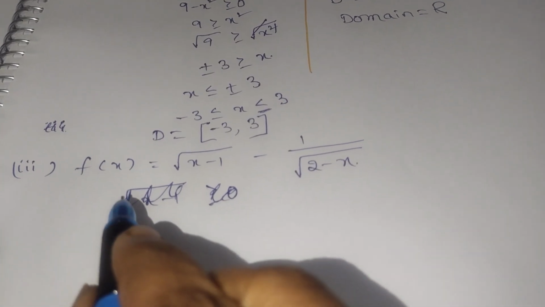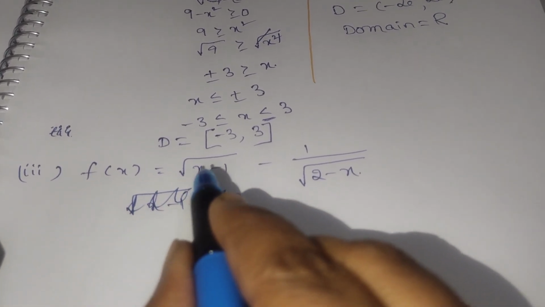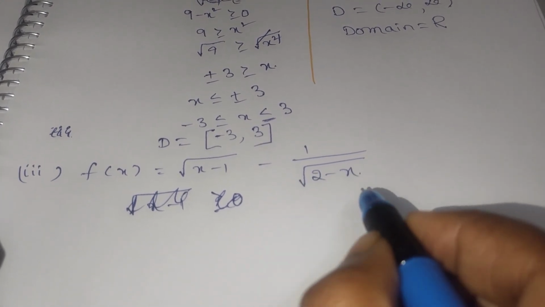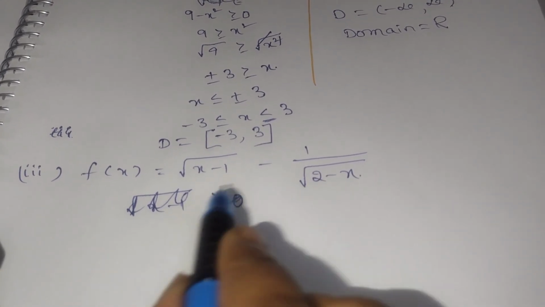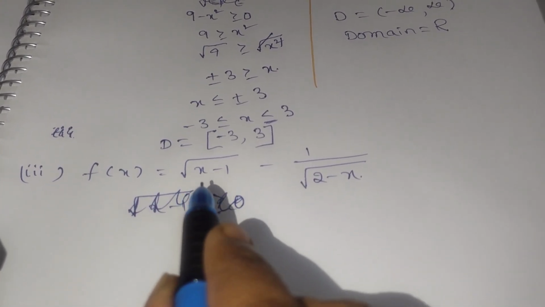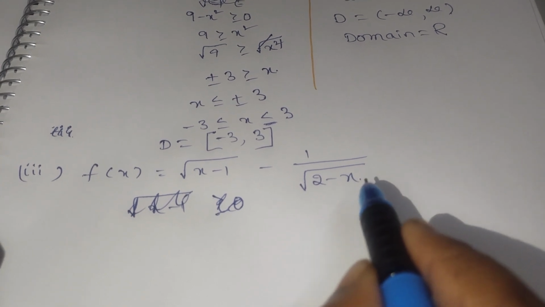Next question. Find the domain of this function. The function is f of x is equal to square root of x minus 1 minus 1 by square root of 2 minus x. So here we have two functions in this one function. One is square root of x minus 1. One more is 1 by root 2 minus x.